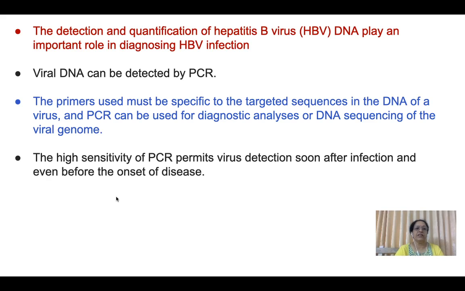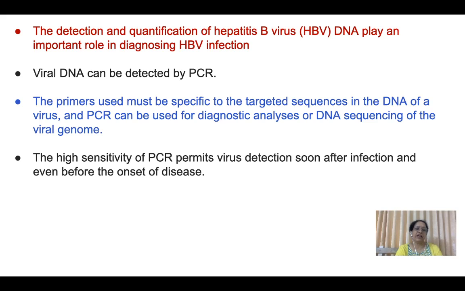The detection and quantification of hepatitis B virus DNA play an important role in diagnosing HBV infection. And here, as you know, PCR is used. Primers are used. They must be specific to the targeted sequence in the DNA of a virus.